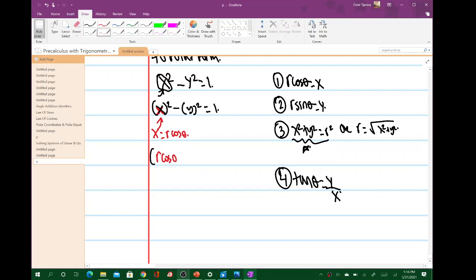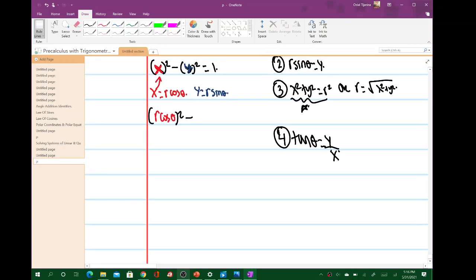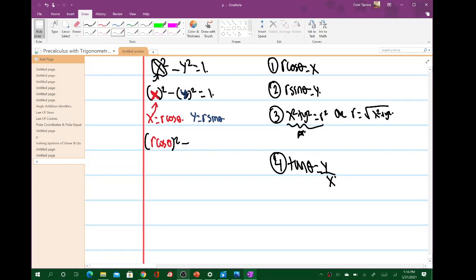R cosine theta quantity squared minus, and we also know that y is r sine theta, right? So we can put that for this part here. And so we can put minus r sine theta quantity squared, and this is equal to 1, right?